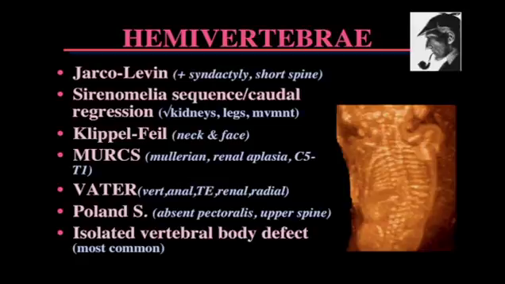Going on to other parts of the skeleton, we can talk about the spine, hemivertebrae. This is not neural tube defects, this is vertebral body abnormalities. And in this list of syndromes, you have sirenomelia or caudal regression, which is the most severe of these syndromes. And this is when you're missing part of the lower spine, certainly missing the sacrum. And in the sirenomelia syndrome, the legs are fused together into sort of a mermaid-like appearance.